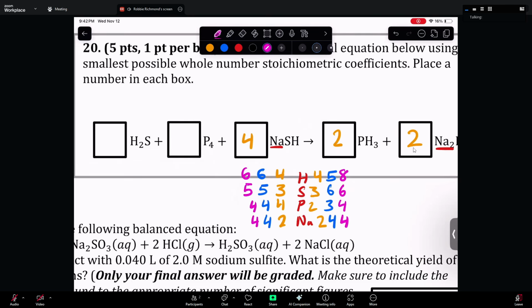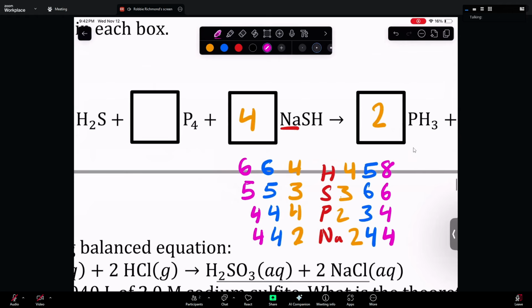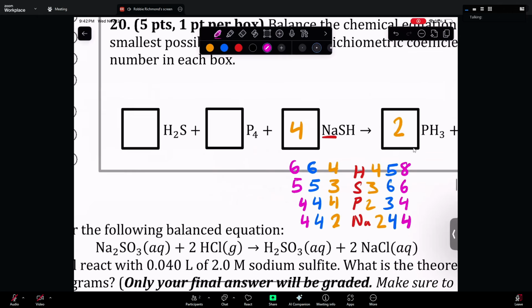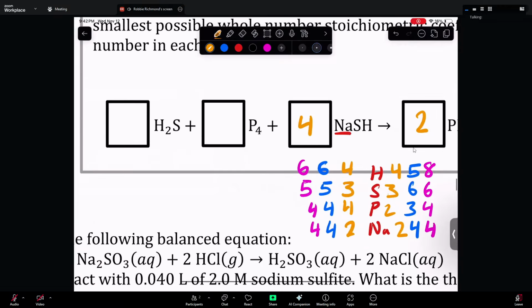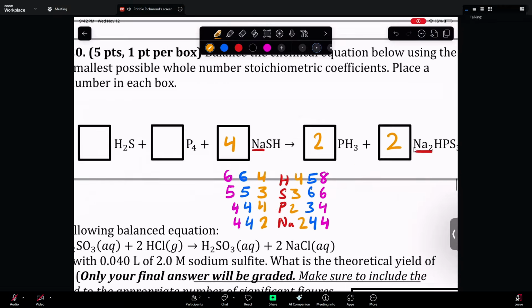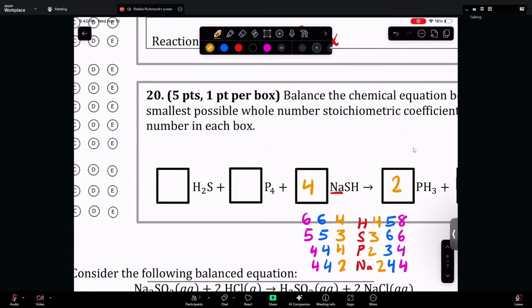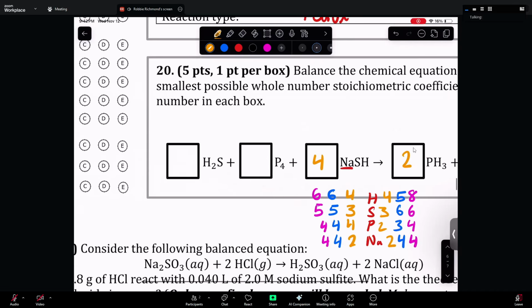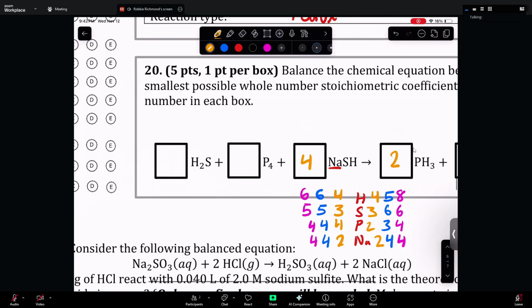Now we're only really concerned about the sulfur and hydrogen. Specifically, we don't have enough in the reactant side, so our only way to compensate for that is to add a coefficient here. And since there is 1 sulfur and 2 hydrogen, if I add a coefficient of 2, this now becomes 8, this now becomes 6.